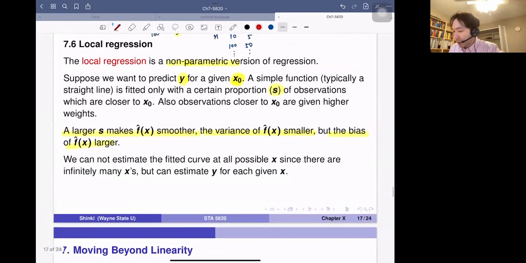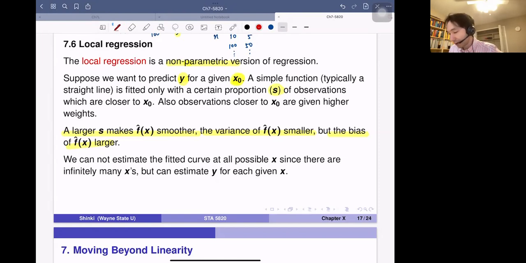This method also has another difficulty. Basically, we are given x, we can estimate y hat, but the algorithm really is different for all x. For each x value, we have to choose the closest, maybe 100s% of observations, then we fit the model. So for each x, we have to estimate the model.